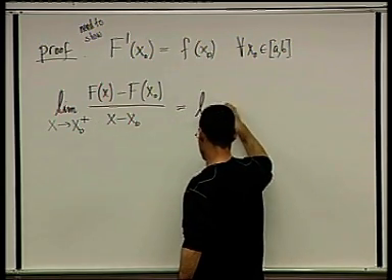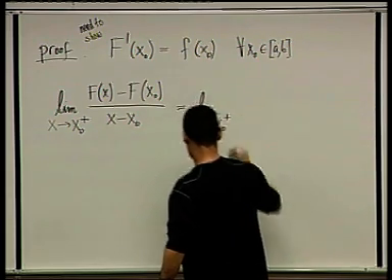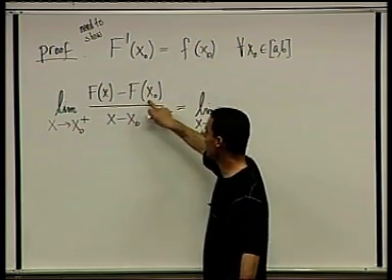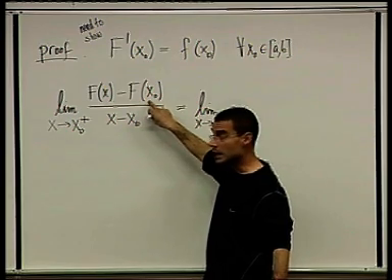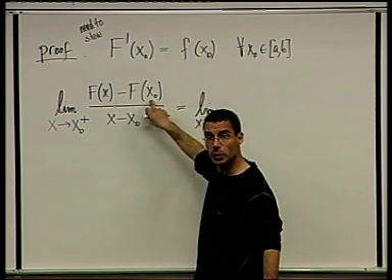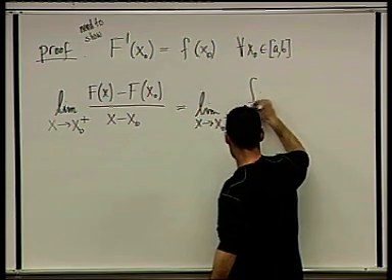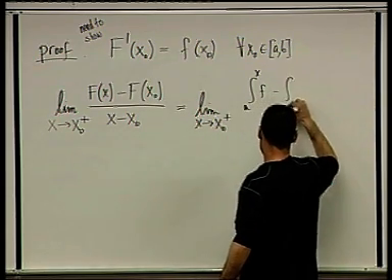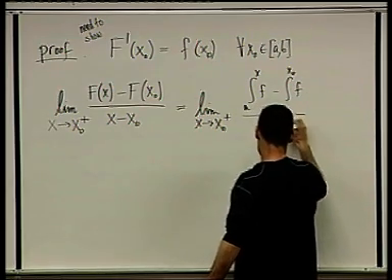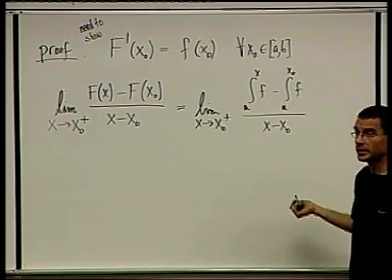This is the limit as x goes to x0 plus of what? What is capital F of x minus capital F of x0? It's the integral all the way up to x minus the integral only up to x0. Do you agree? So it's the integral from a to x of little f minus the integral from a to x0 of little f, all of this divided by x minus x0. I just plugged in what capital F is. That's how we defined it. Right?